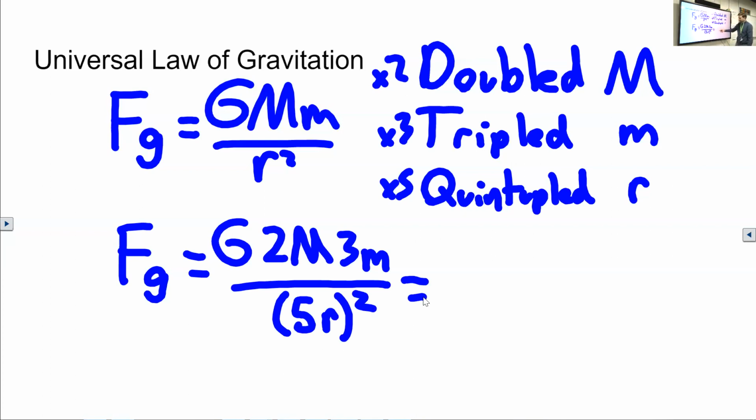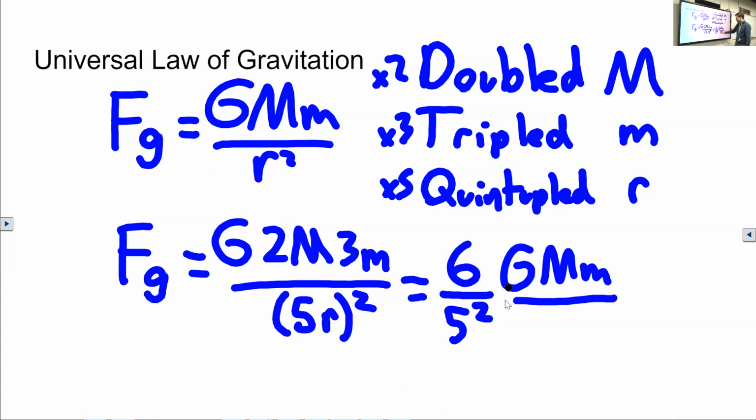So 2 times 3 gives me 6 on the top, and then 5 squared on the bottom. And that should be equal to all the same stuff we started with, G M m over r squared.